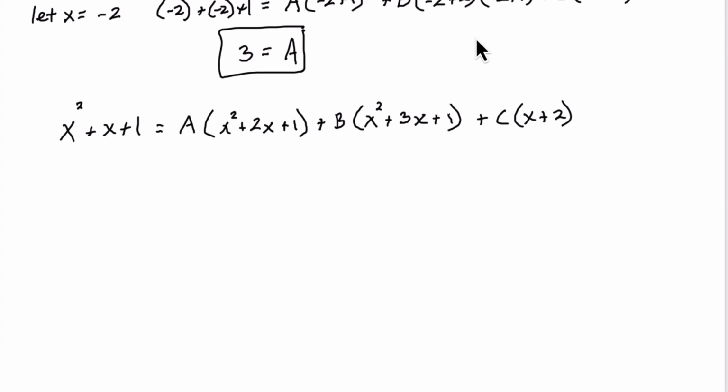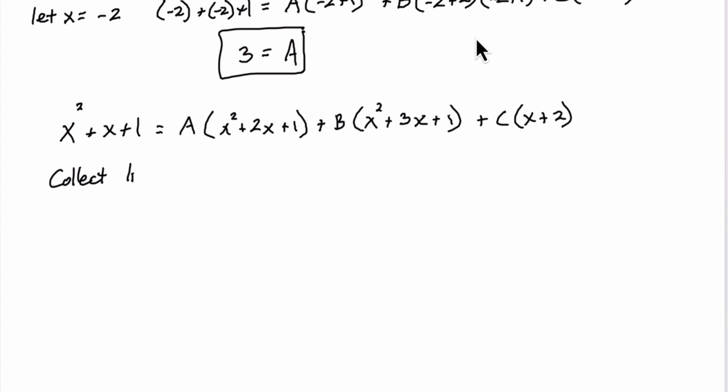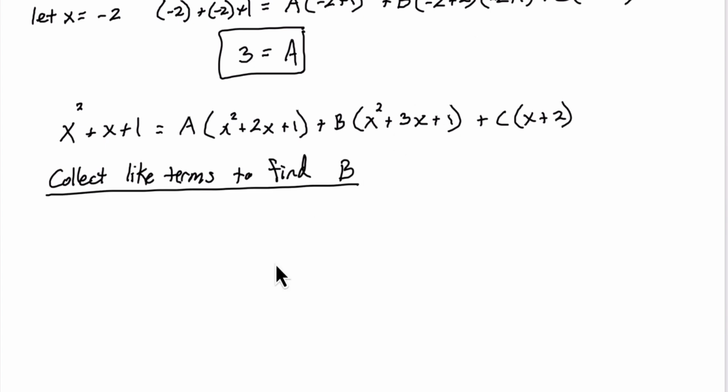At this point, we'll collect like terms to find B. Let's focus on the squared terms to help us find B. So we're eventually going to look for coefficients on x squared.